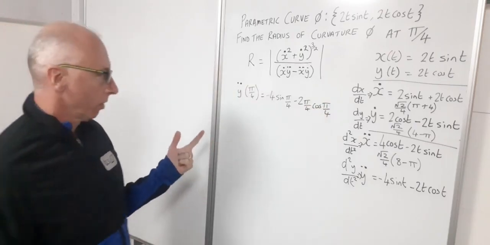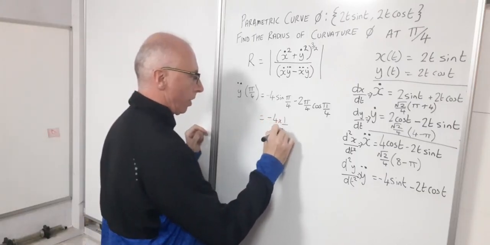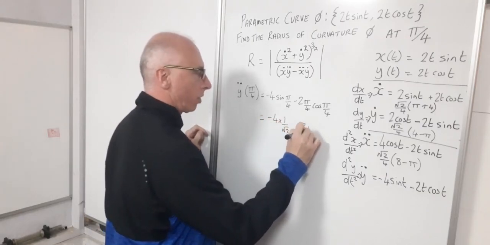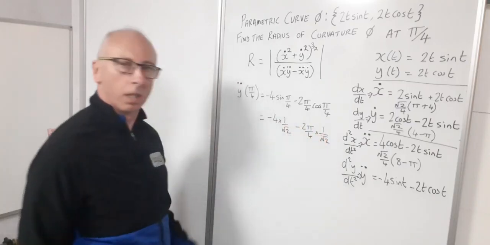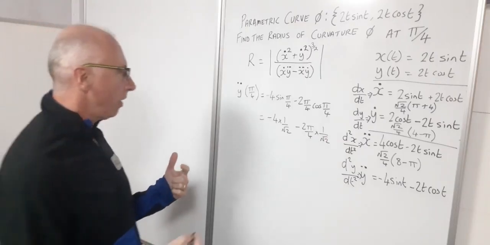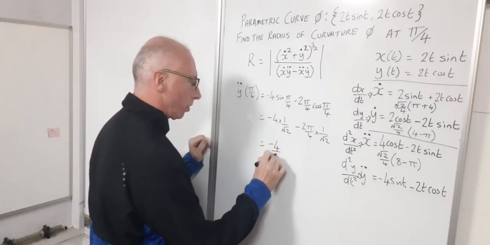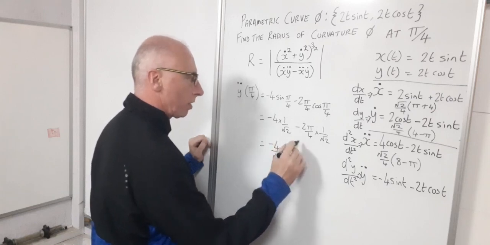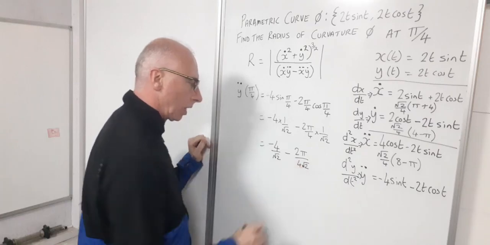We know sine and cosine of pi over 4 are 1 over root 2. So we've got minus 4 times 1 over root 2, minus 2 pi over 4 times 1 over root 2. Simplify as we did before: minus 4 over root 2 minus 2 pi over 4 root 2.